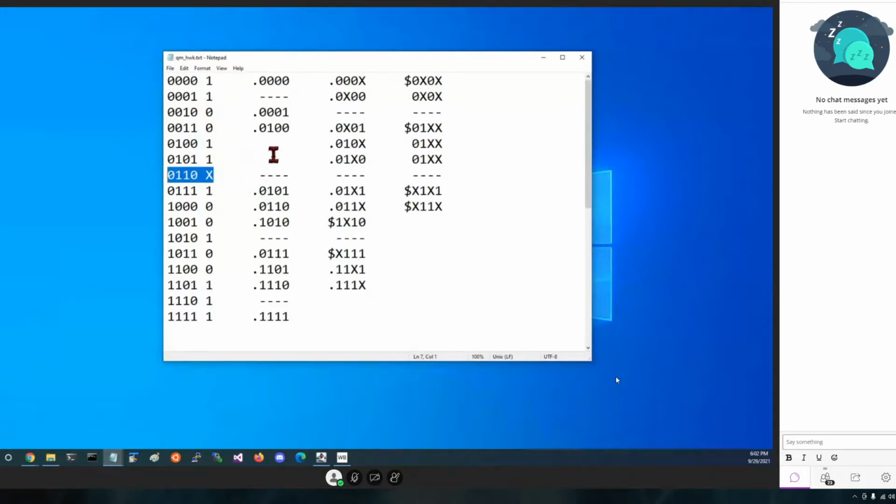Then what the algorithm says to do is to go to my lowest number and compare it against every other value in the next group. If it matches anything, I need to mark it. I don't have a check mark, so I just put a little dot in front of it. So this guy matched one of these two, maybe both of these two.